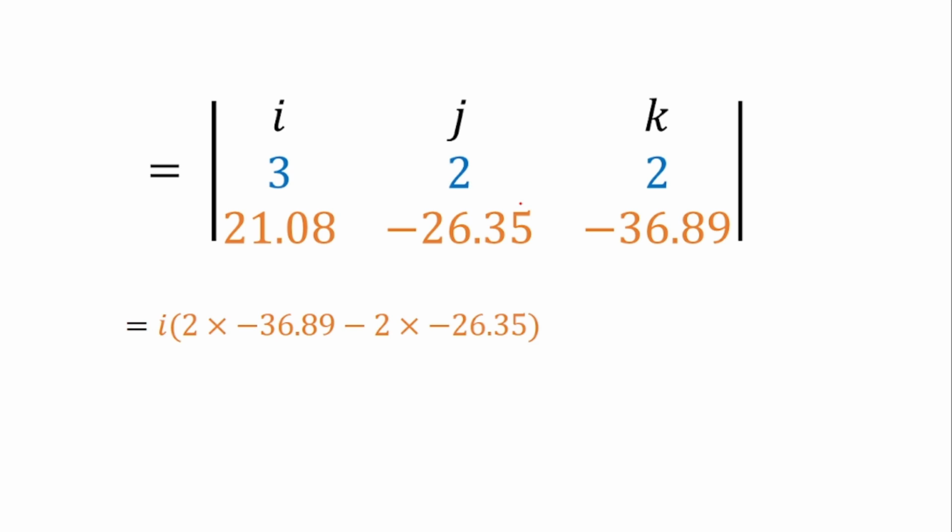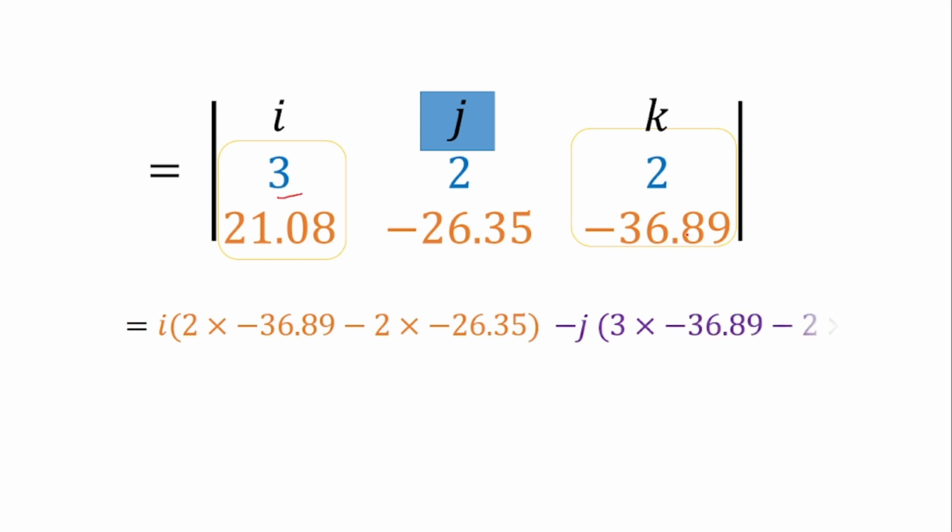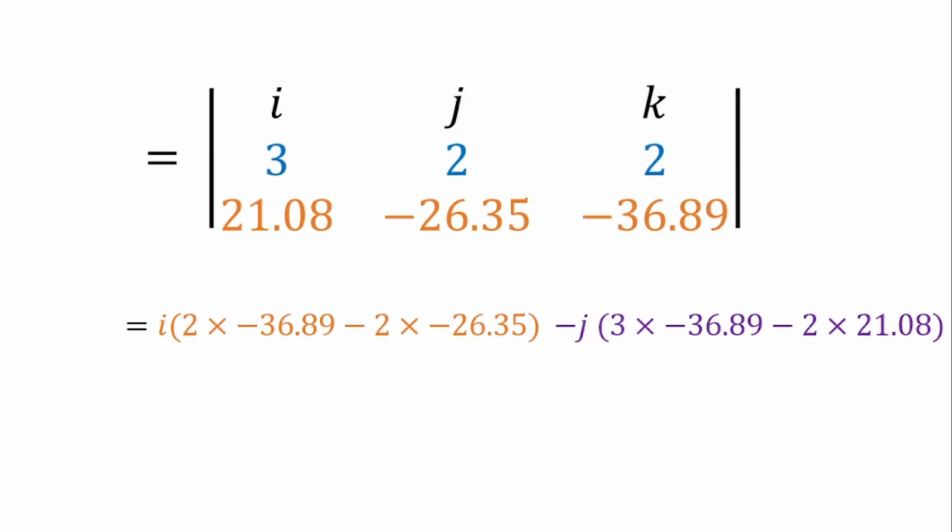Then consider j, the second part. So it is minus j into, consider this part as well as this part, cross multiply it. So it is minus j into 3 into minus 36.89 minus 2 into 21.08. At the end, we'll consider the last component of the first row, k.